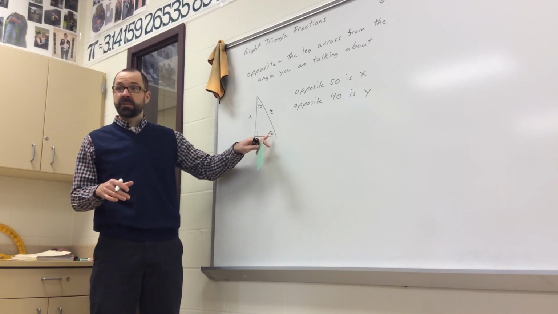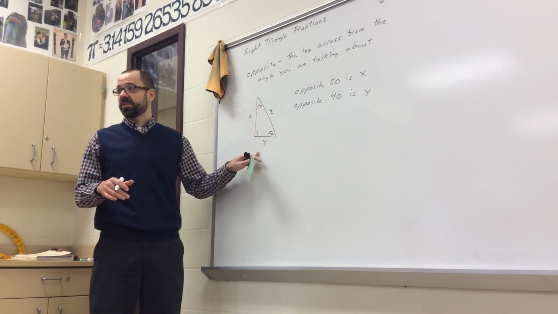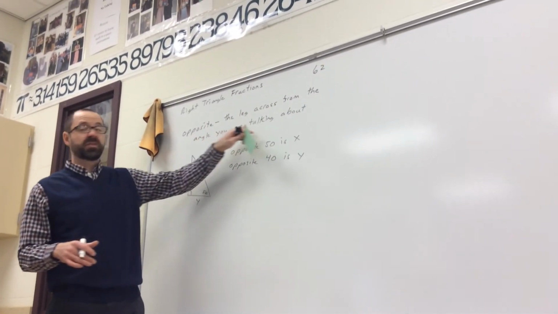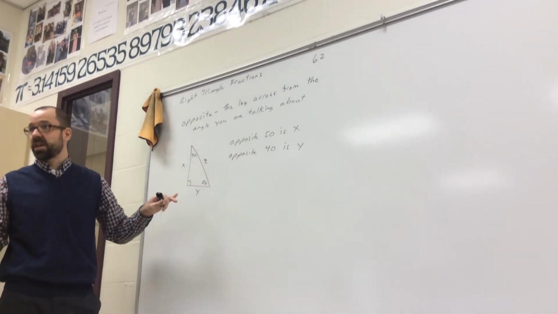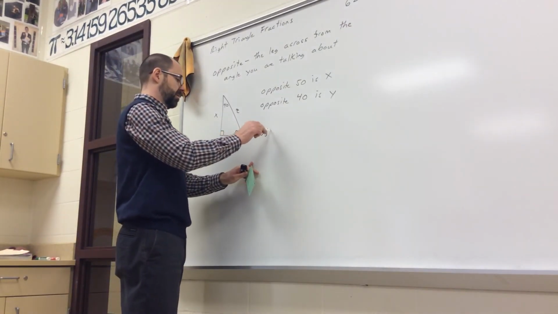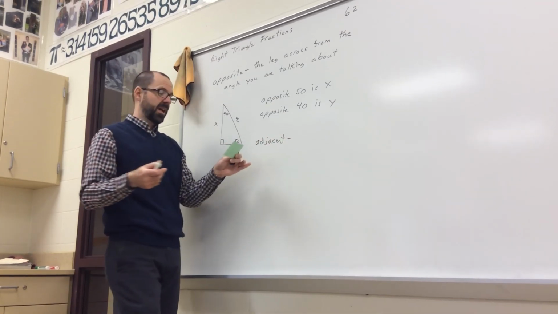If you're talking about 50, then X is opposite. But if you're talking about 40, then Y is opposite. So that's why it says it's the leg across from the angle you're talking about. So that's opposite. Then the next word is adjacent. Adjacent is the leg next to the angle you're talking about.